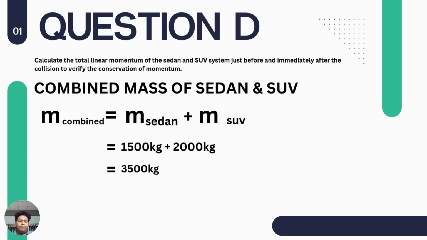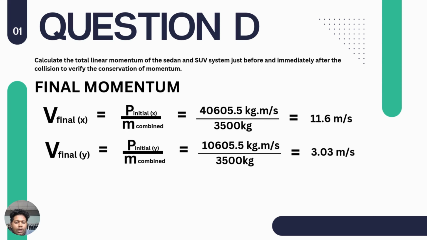Firstly, we have to find the combined mass of the SUV and sedan. 1500 kg plus 2000 kg is 3500 kilograms. Once we have this, we can find the final velocity, which is the initial momentum in direction x divided by the combined mass.